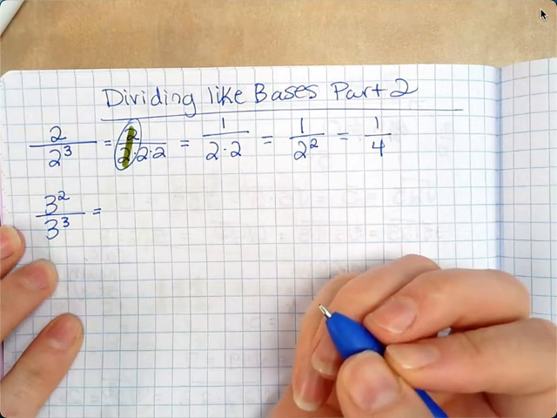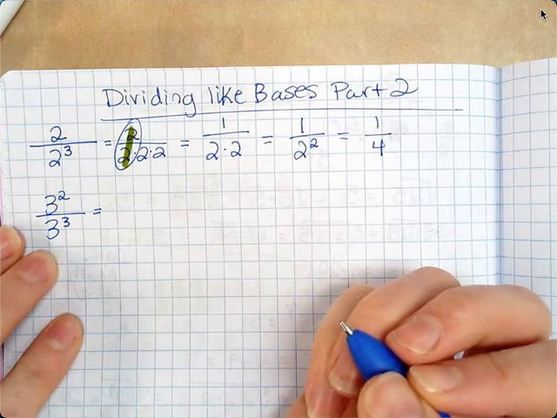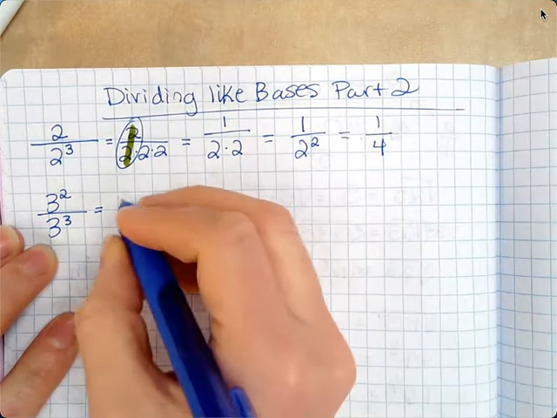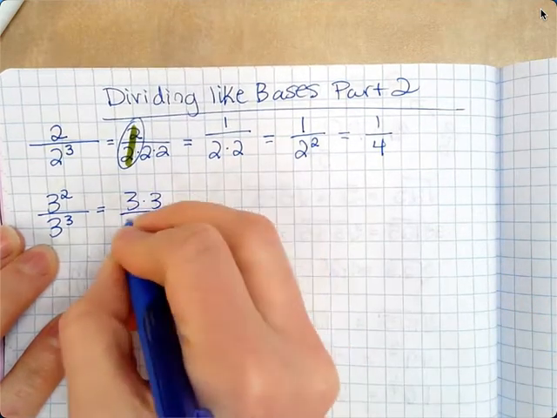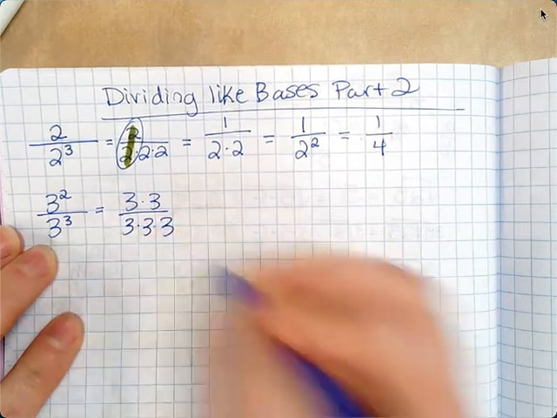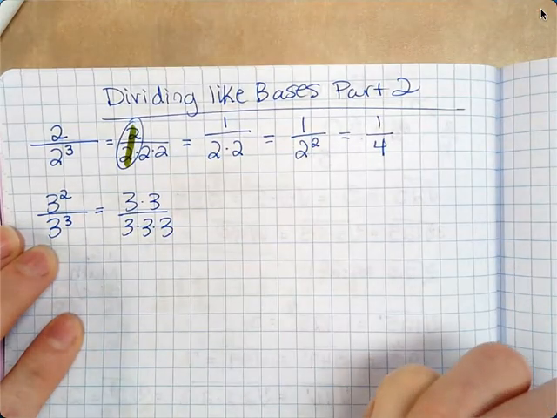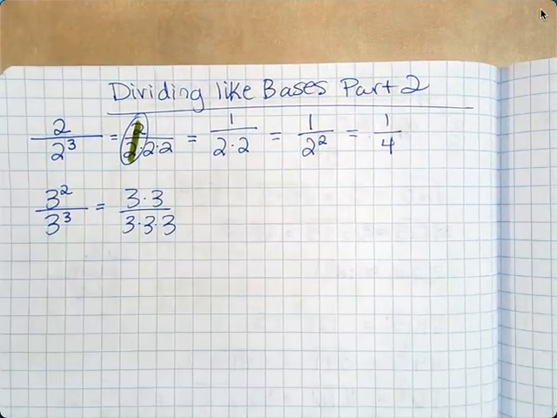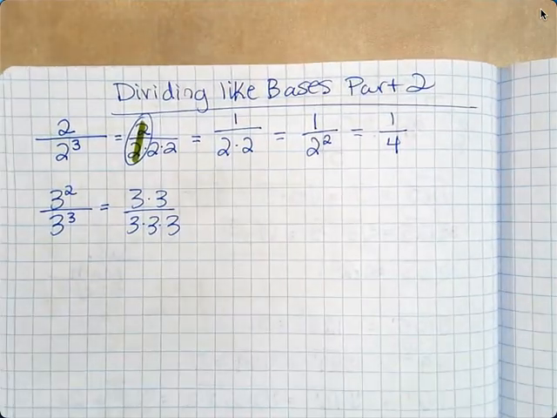You should simplify. How? You need to do 3 times 3 on top, and then 3 times 3 times 3 on the bottom. Okay, good. So what can we do with that now?